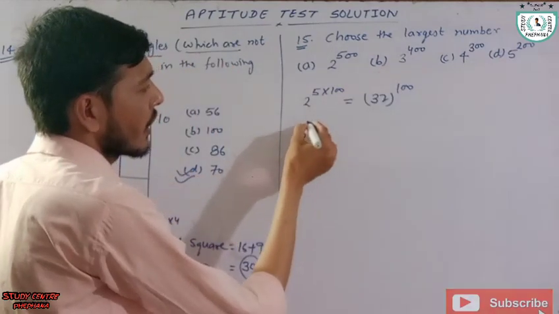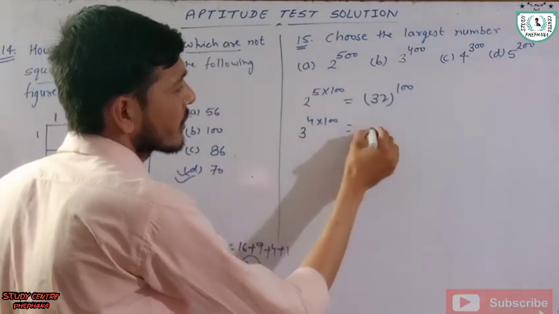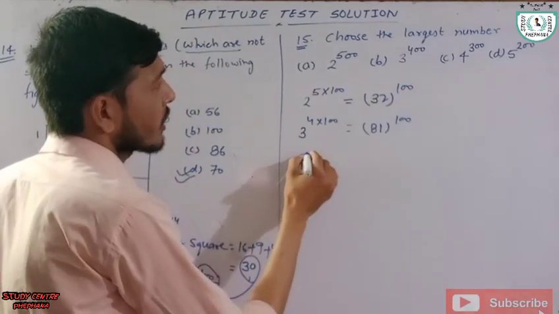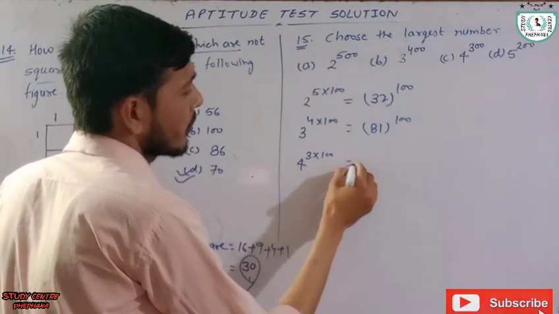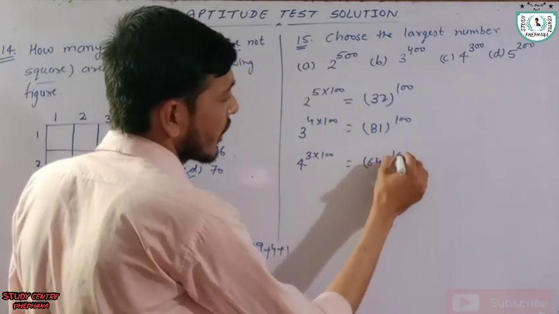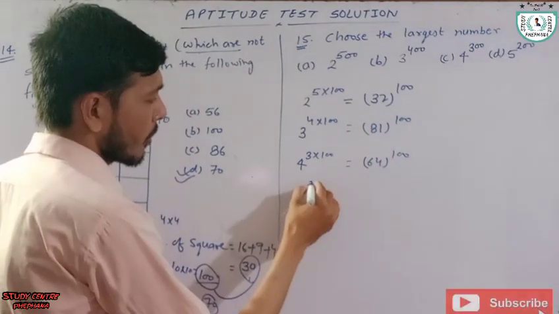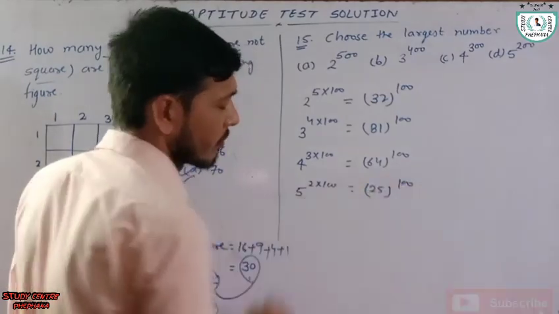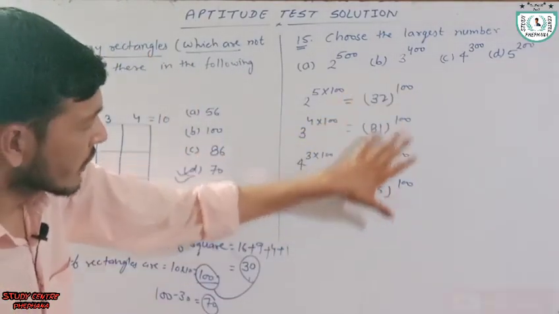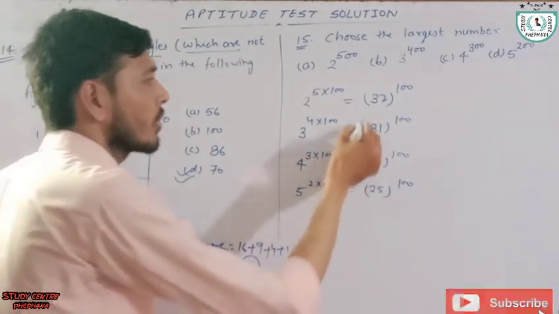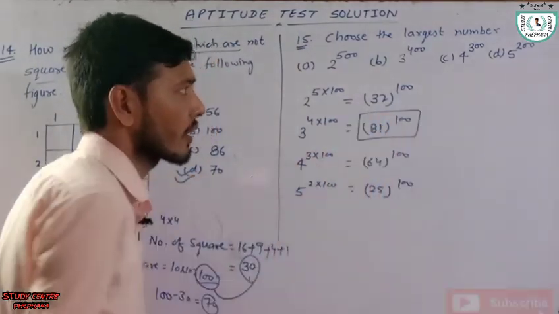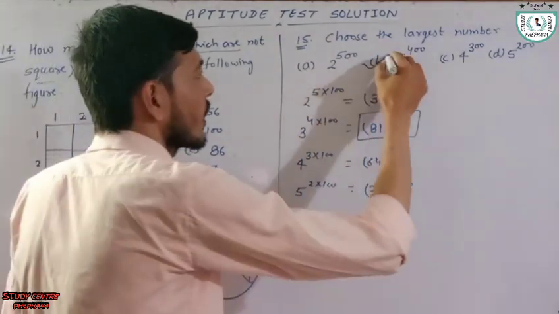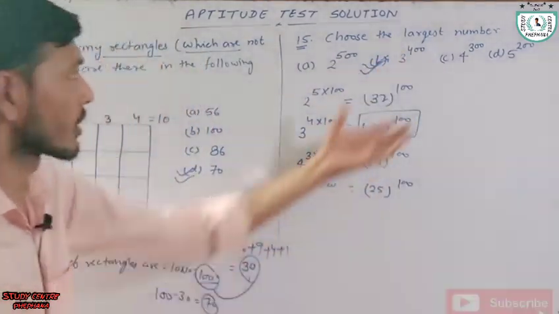Similarly, 3 raised to power 4 into 100 means 81 raised to power 100. Similarly, 4 raised to power 3 into 100 means 64 raised to power 100. 5 raised to power 2 into 100 means 25 raised to power 100. After looking at these numbers, I can say 81 raised to power 100 is greater than all the numbers. Hence 3 raised to power 400 is the largest of these numbers.